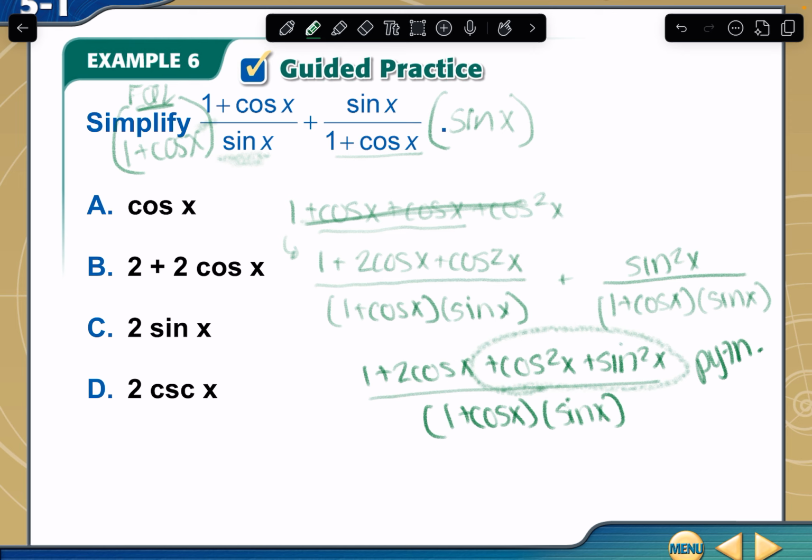So I'm going to change that to 1. I'm just rewriting everything else. In your numerator, you have a 1 plus 1 at this point, which I'm going to go ahead and combine together to give me 2.